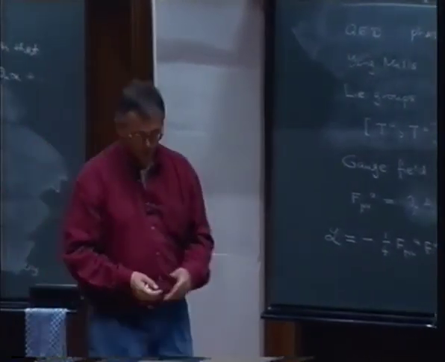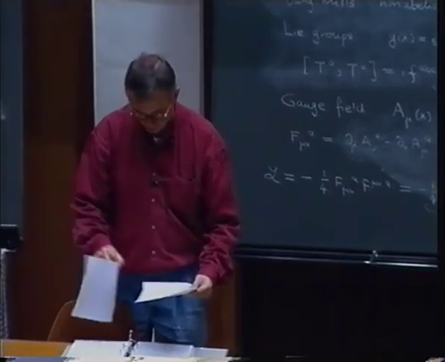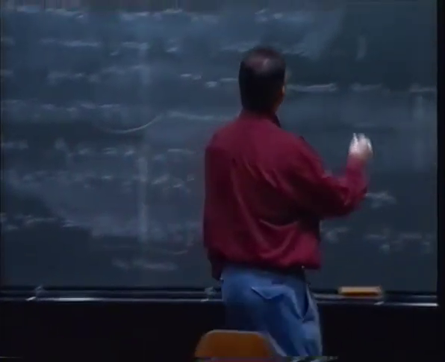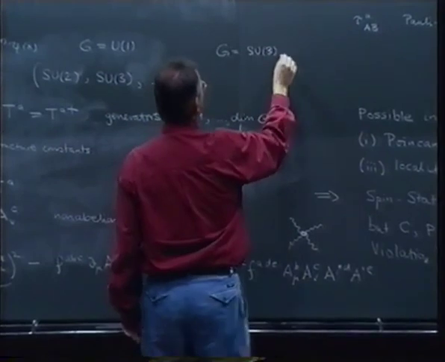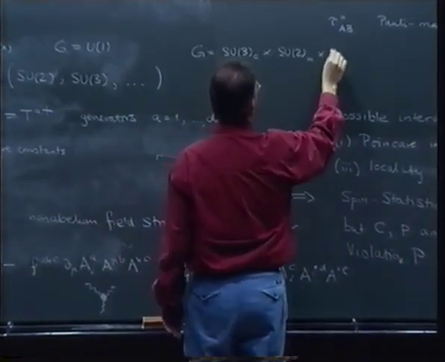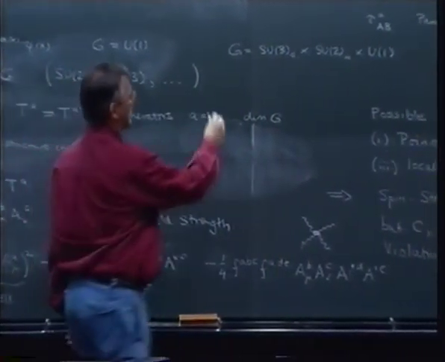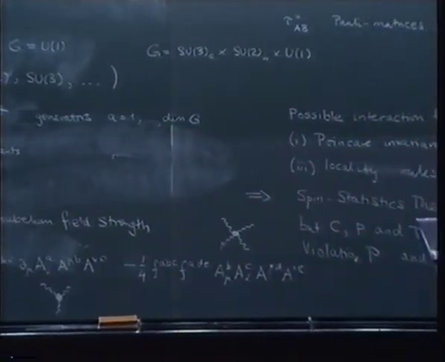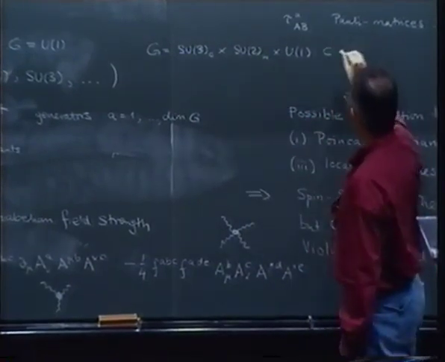Of course, there was a lot of debate about this some 25 years ago or so. But now we know that the right group seems to be SU(3) color × SU(2) weak × U(1) hypercharge. So this seems to be the group that nature seems to have chosen, although we're not yet sure whether this cannot be embedded in yet a bigger group, say for example SU(5).